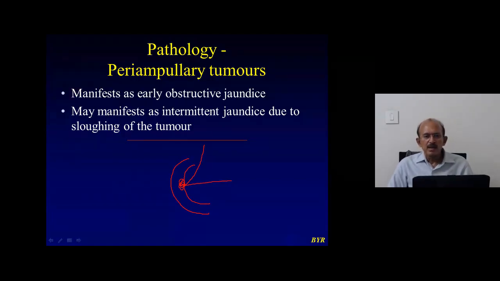So for intermittent jaundice, the commonest cause is stone in the common bile duct. The next common cause is periampullary tumor. Yes, the tumor falls off and regenerates. So that is the periampullary carcinoma.